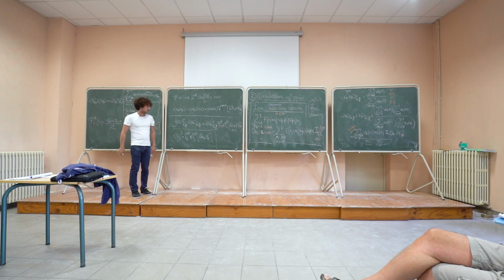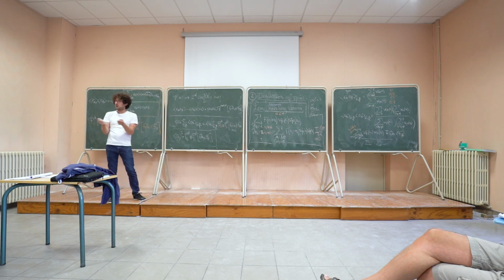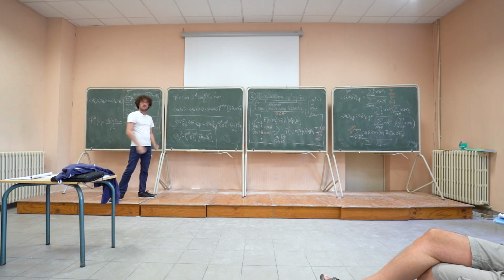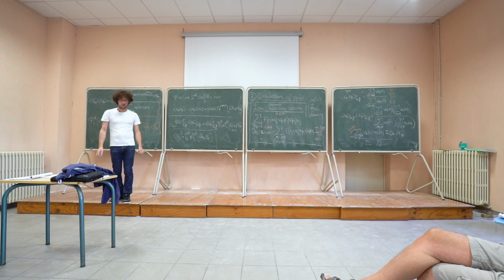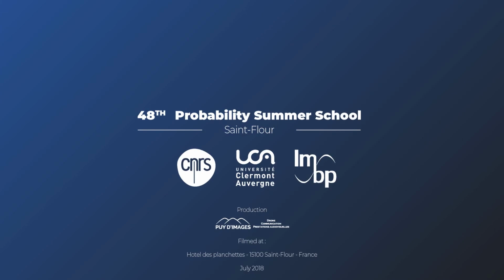But the intuition that drives us for the FK Ising model will also drive us here. And I'm really over time, by 4 minutes, it's almost nothing. Well, thank you very much.